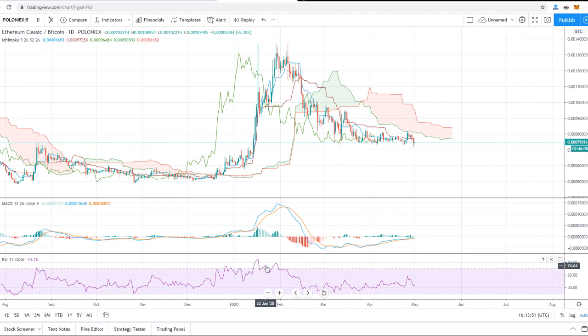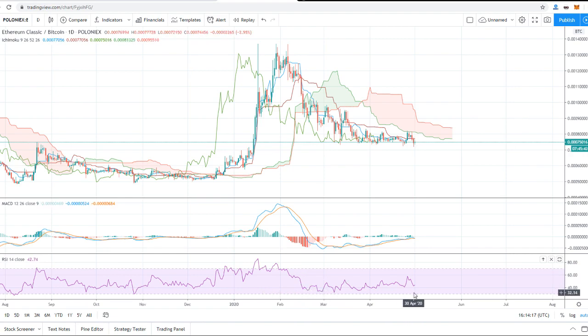For instance, if we are overbought, we can remain at the overbought level for quite a long time. We went into overbought levels back on January 14, and we remained at those levels till the end of January. Similarly, we can remain at the oversold level for longer durations as well.